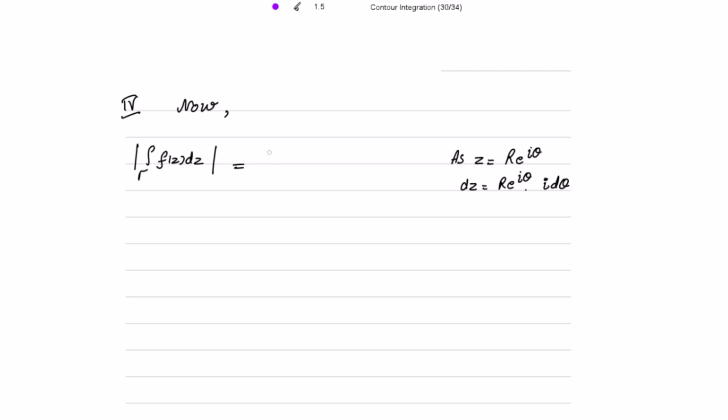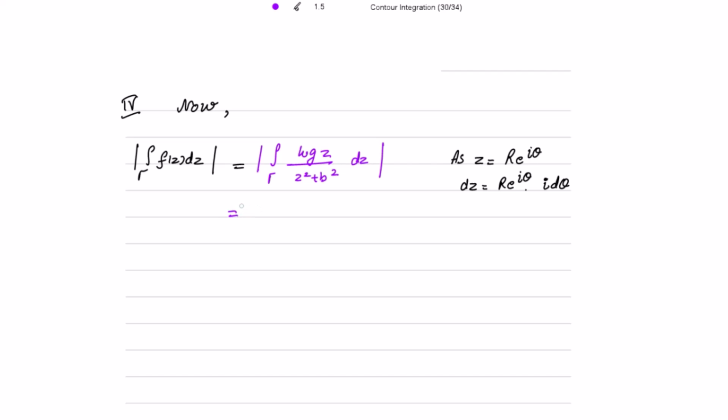So this is equal to the integral over tau of log of z over z square plus b square dz, right? Okay, now because it is a semicircle, we take z in the polar form, which is R e to the power iota theta, because tau has the radius R. So I'm writing z equal to R e to the power iota theta, and dz becomes R e to the power iota theta into iota d theta.